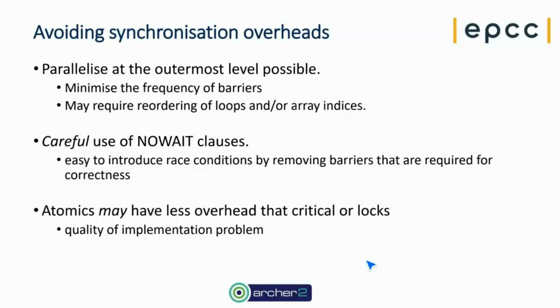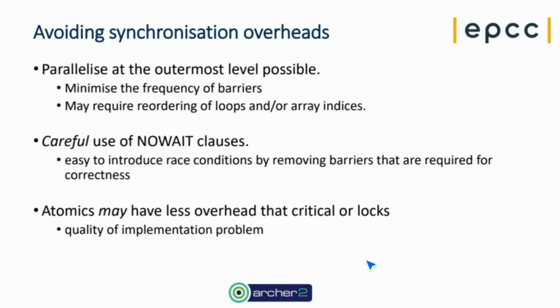So that is a way of minimizing the frequency of barriers. And depending on the code, that may require you to reorder loops and possibly also array indices as well.